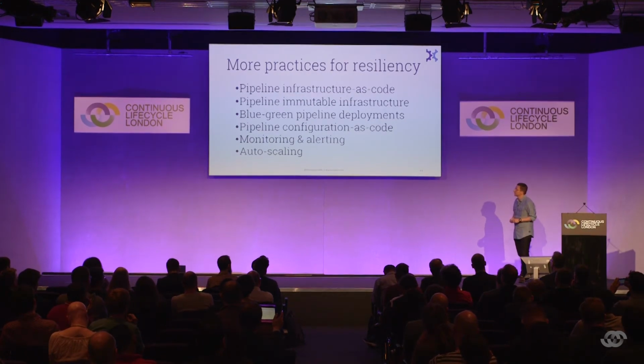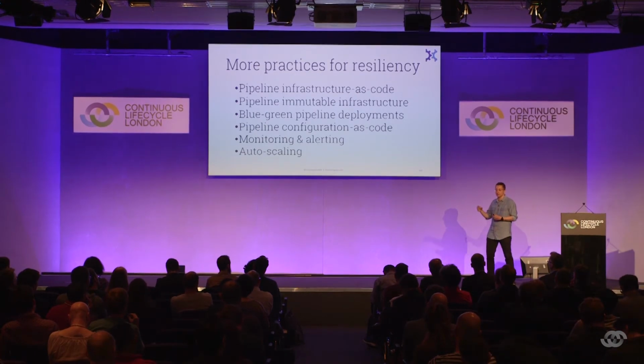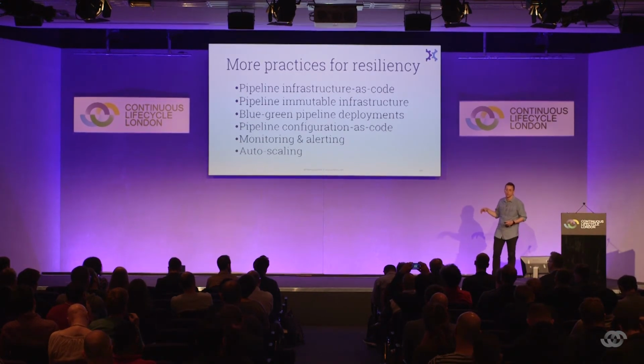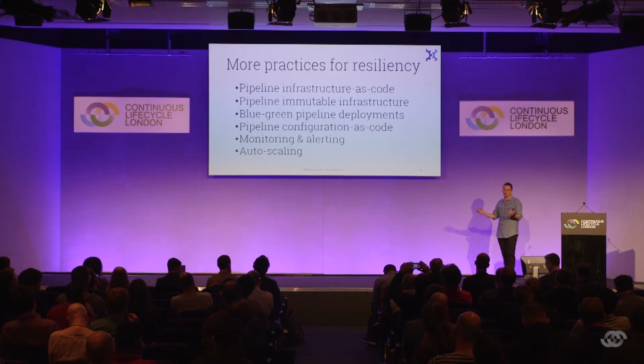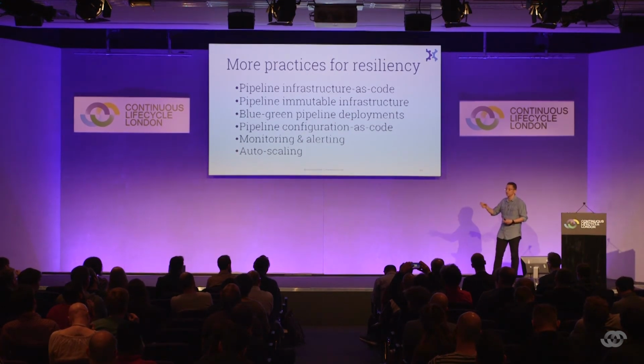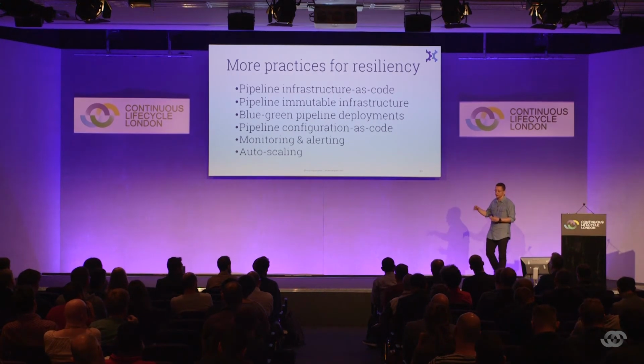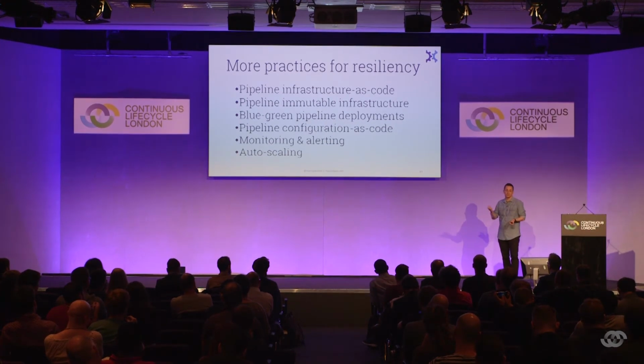We might think about our pipeline infrastructure as immutable infrastructure, in the sense that if I want to make any change to my tool chain, to my pipeline, or the infrastructure where it runs, I should create a whole new environment and then just switch from one to the other and roll back if there's any problem.